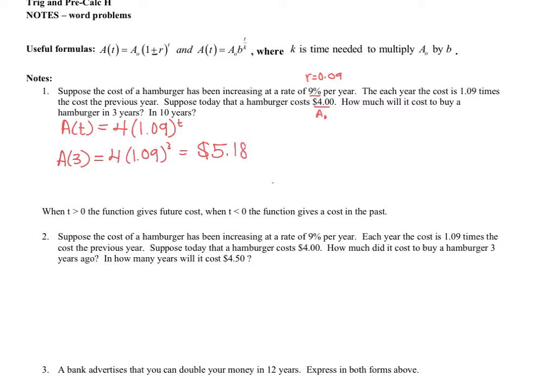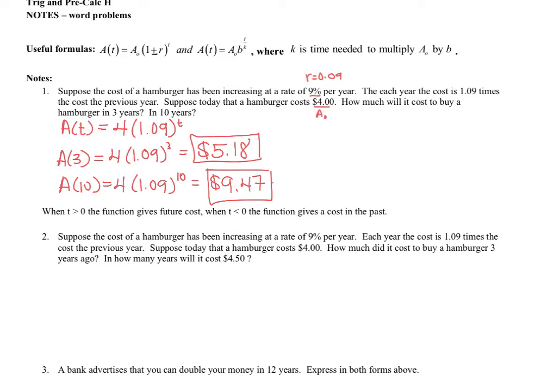So that'd be $5.18 in 3 years, and then in 10 years, we plug that into the calculator and we get $9.47. So this is money, so obviously round to the nearest cent.